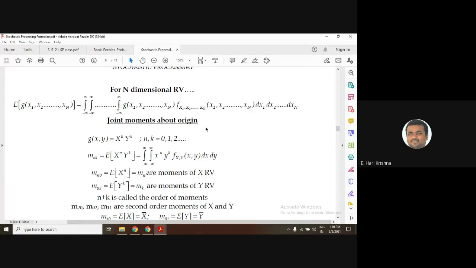Yes, joint moments about origin. g of x comma y is equal to x power n y power k, where n comma k are both integer values from 0, 1 to infinity.